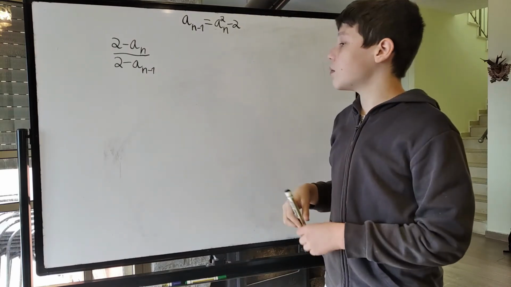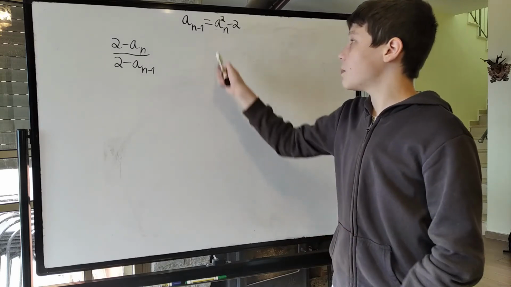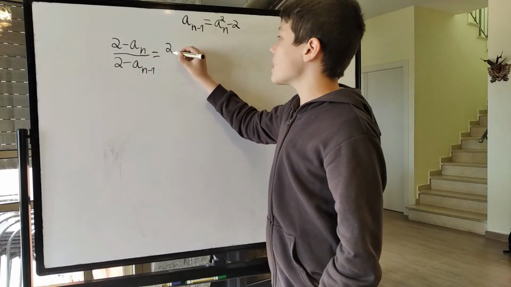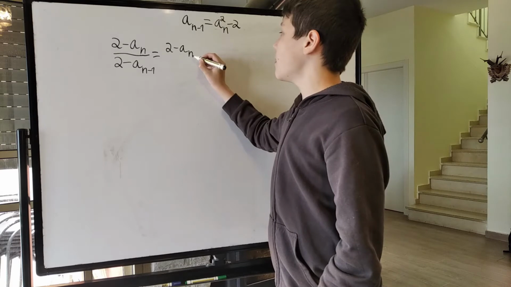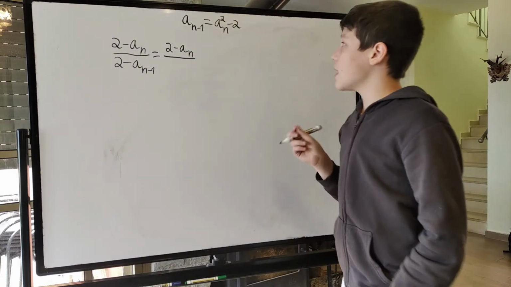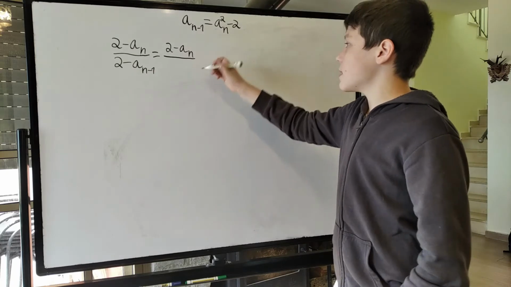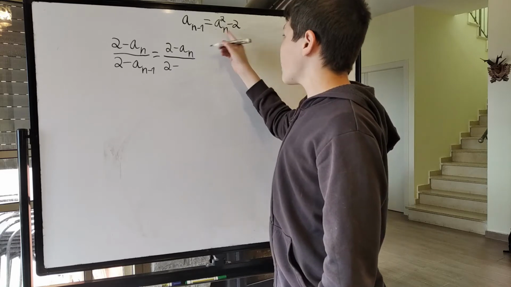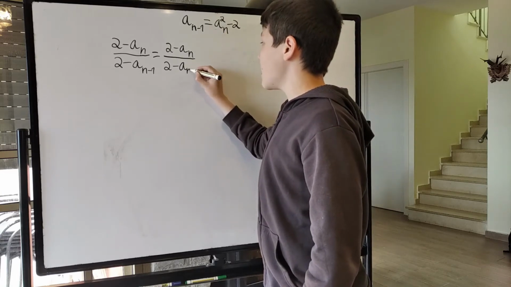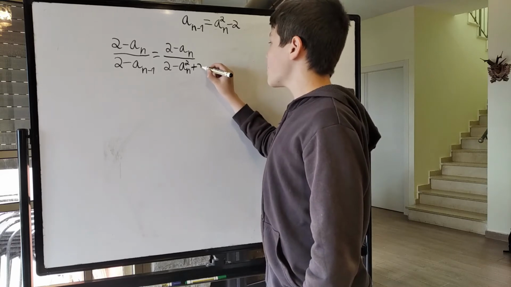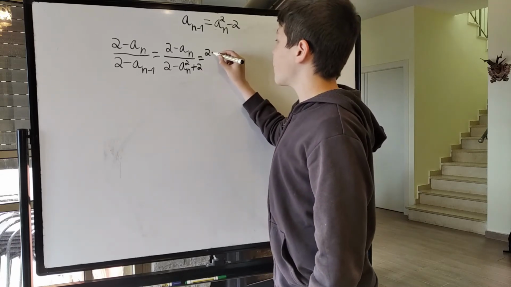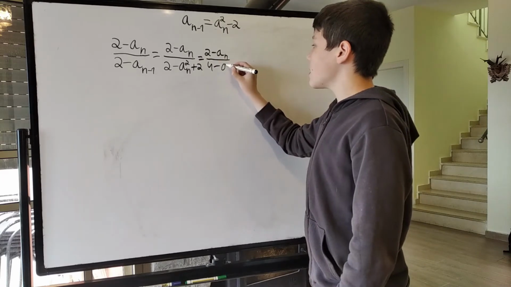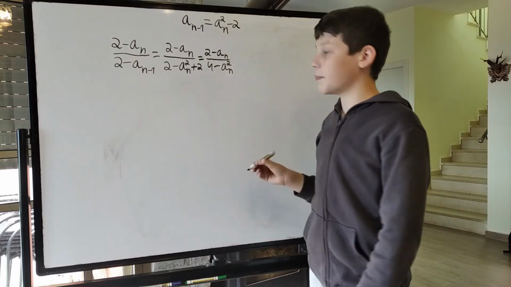So all we simply need to do is to plug a_{n-1} in here and see if we can simplify. So the top stays the same, 2 minus a_n, but the bottom is now 2 minus this. So it's 2 minus (a_n squared minus 2), which gives you that the fraction is 2 minus a_n divided by 4 minus a_n squared.